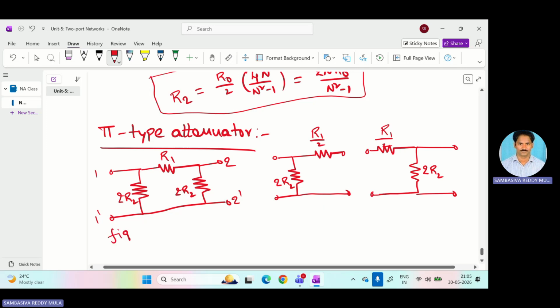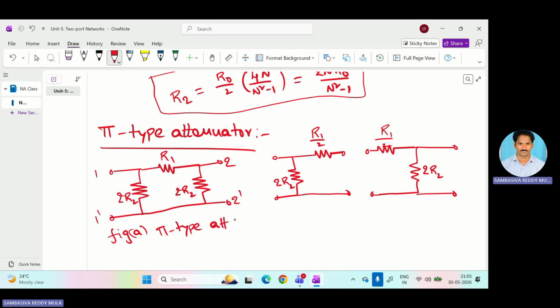So this is figure A, the pi-type attenuator. Figure B shows the bisected network of the pi-type attenuator. The definition remains the same.